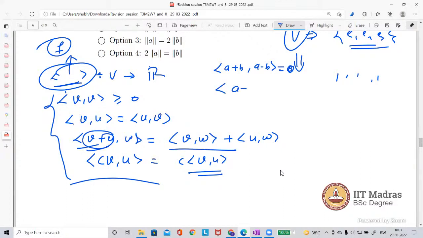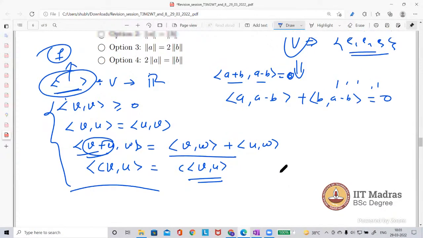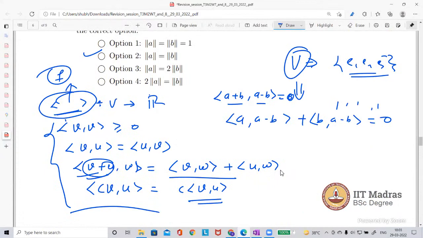So it means the inner product of A plus B and A minus B is equal to 0, as given, since A plus B and A minus B are orthogonal. Now this will work because you can use symmetry, exchange, and then expand.